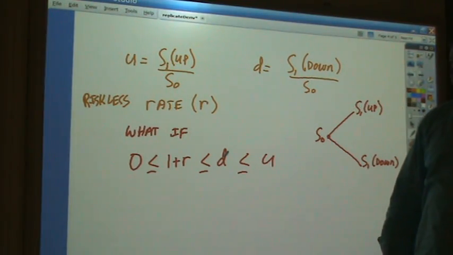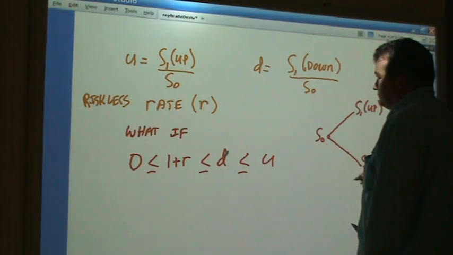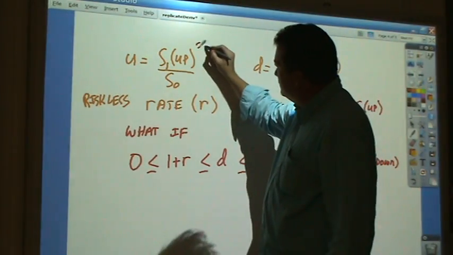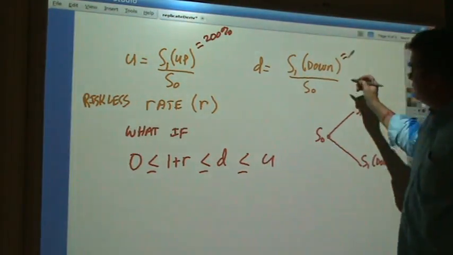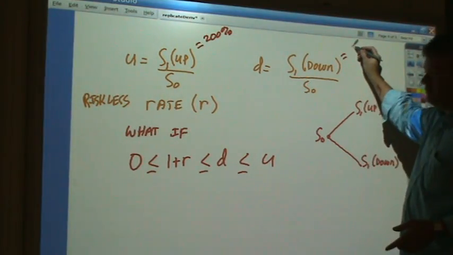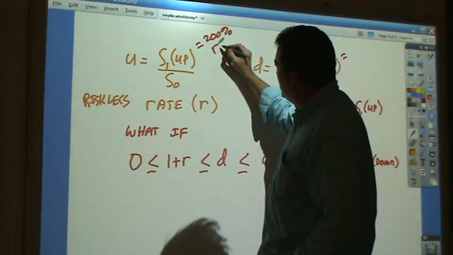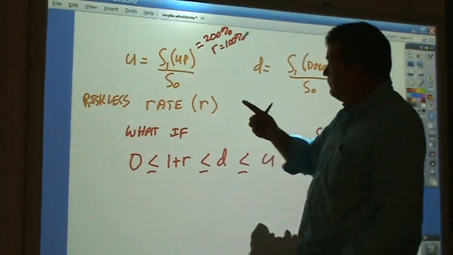In the last example, this was equal to 200%, and this one was equal to 50%. Wait, 200%, which means R equals 100%, like 100% interest during that time period.